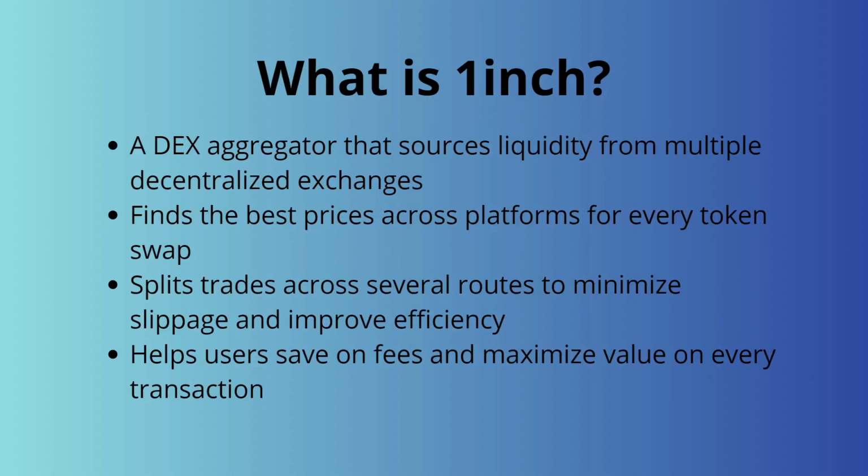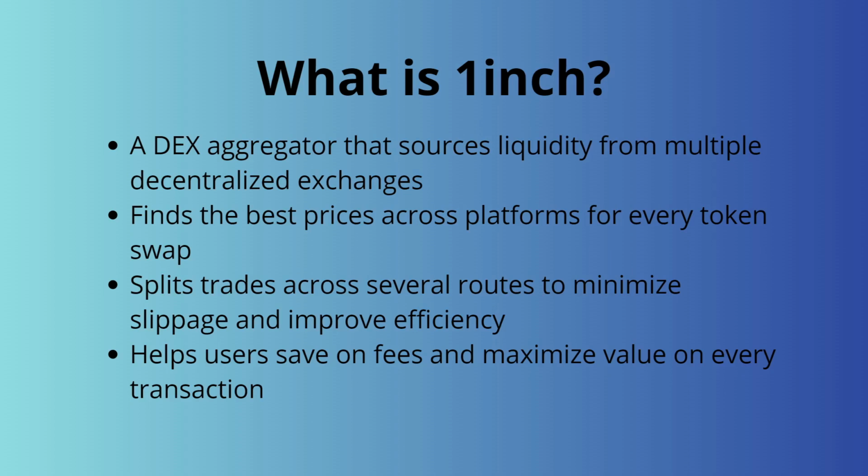So what is 1inch? 1inch basically allows us to swap tokens. For example, we can exchange 50 USDC for, I don't know, DAI, and it is basically a DEX aggregator that sources liquidity from multiple DEXs.